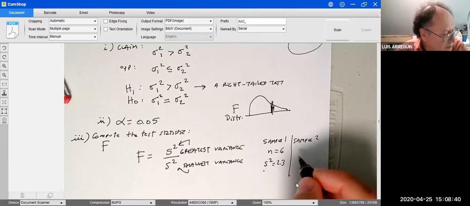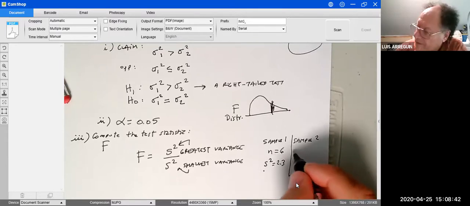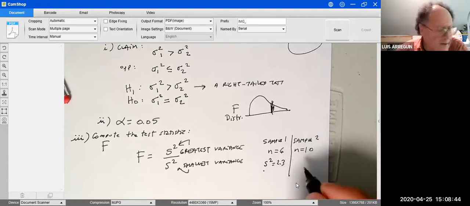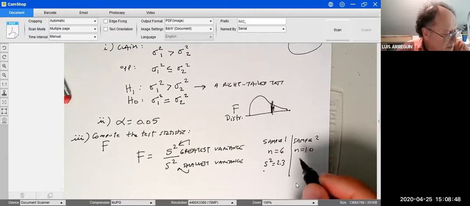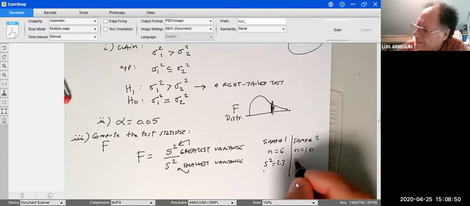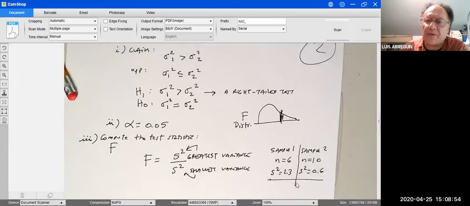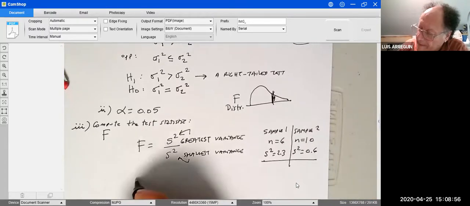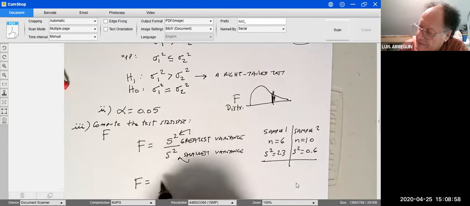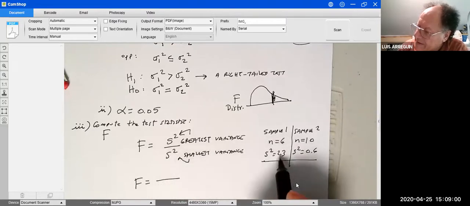For the second sample, for 10 specimens, the variance is 0.6.